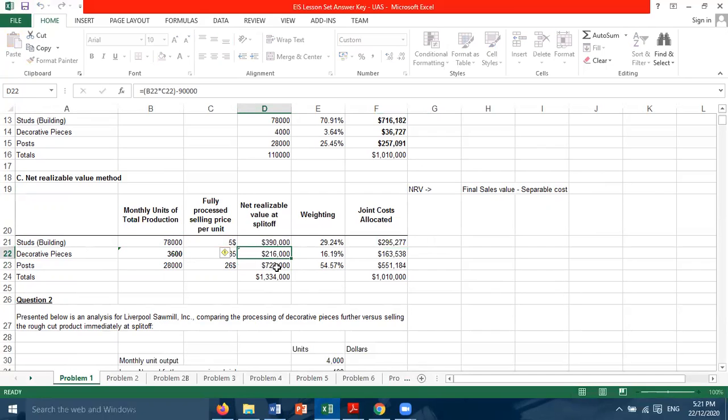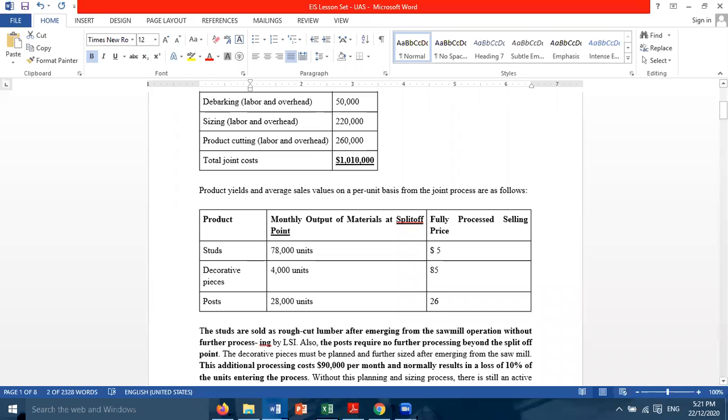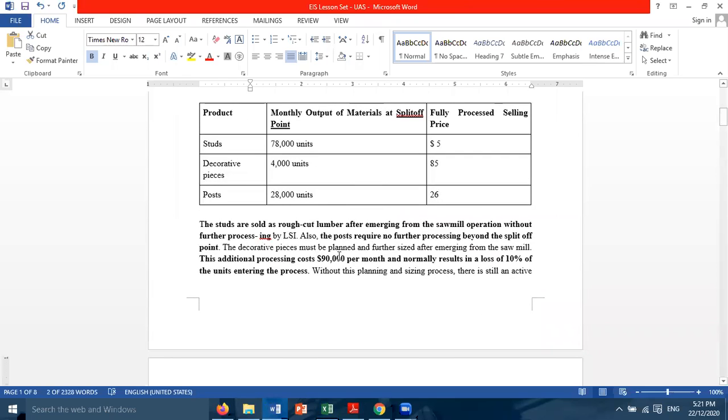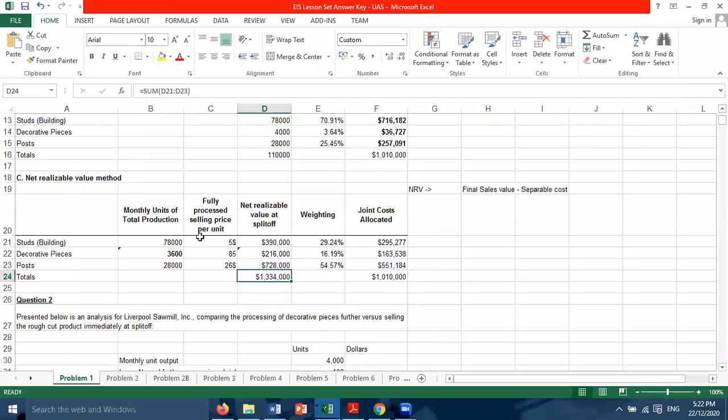Which is why there's no minus here. However, decorative pieces are indeed further processed and it has the separable cost, which is provided by the question here, which is 90,000 per month. So all we need to do is 3,600 times by 85 minus by 90,000, which we will get $216,000.